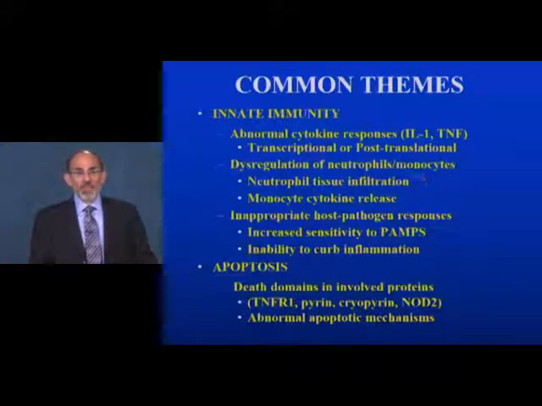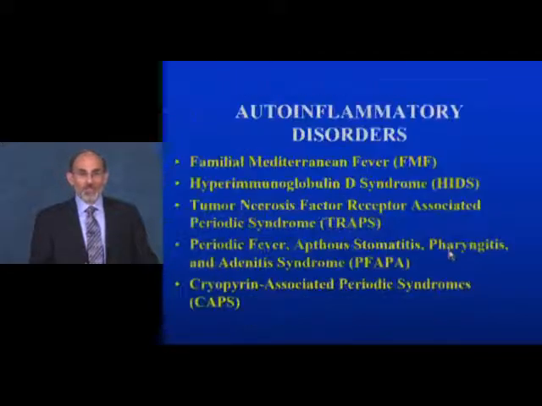So the common themes of these autoinflammatory disorders is that they are due to aberrations in the innate immunity, that there's an inappropriate host pathogen response. So for example, in HIDS, typically, if you give an immunization, it incites a lot of inflammation, and they get these very high fevers, rashes, and these may be the kids who seize also after certain vaccines. Whereas if they get colds, they may trigger other forms of autoinflammatory diseases.